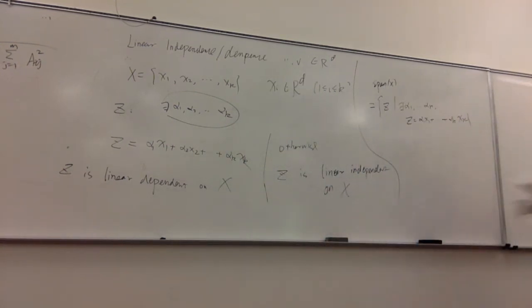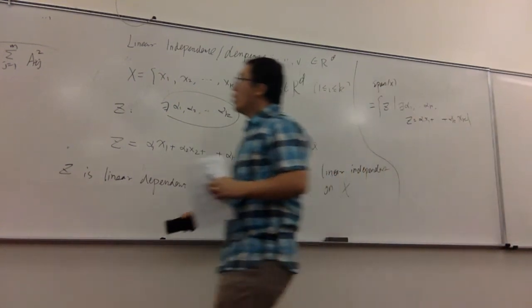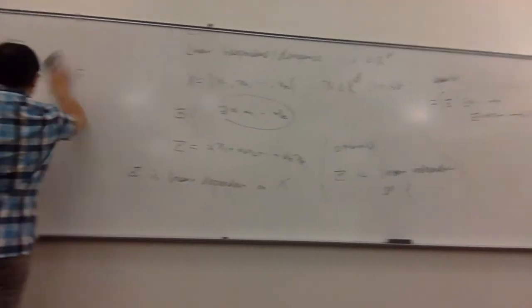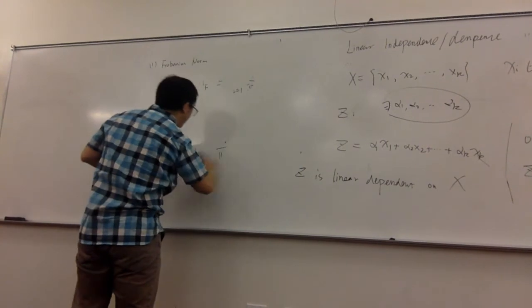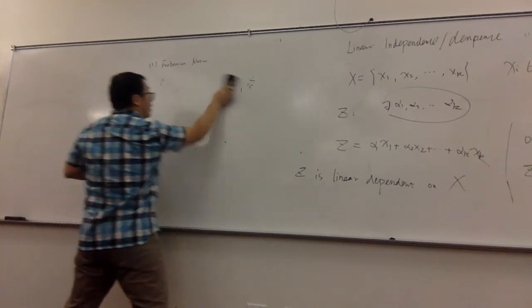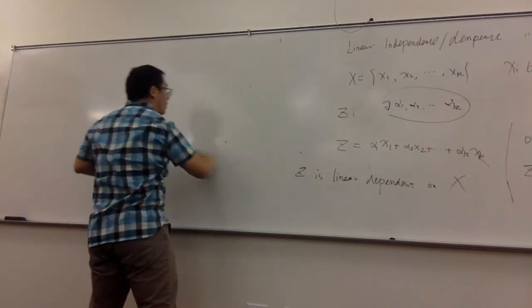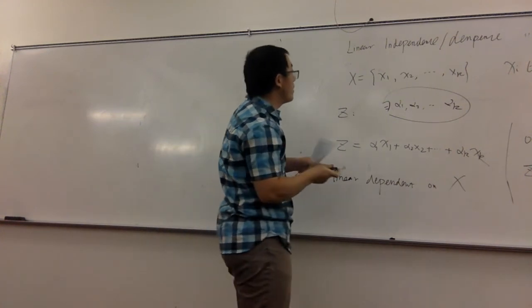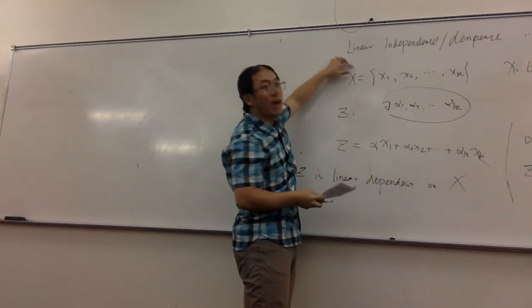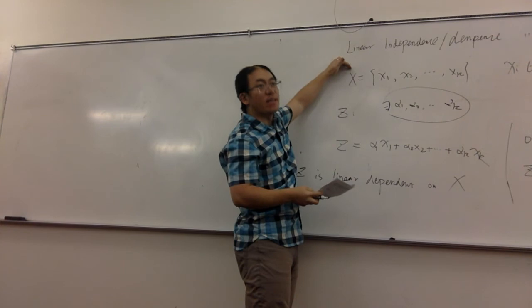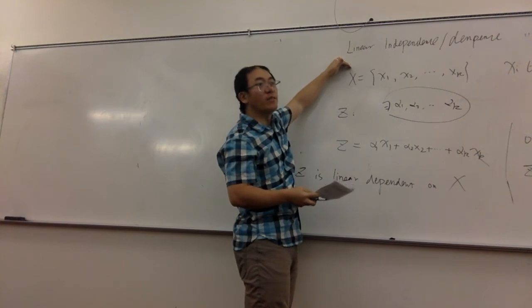And further, we can talk about whether a set of vectors is linearly independent. We can consider whether this set x is linearly dependent or linearly independent.